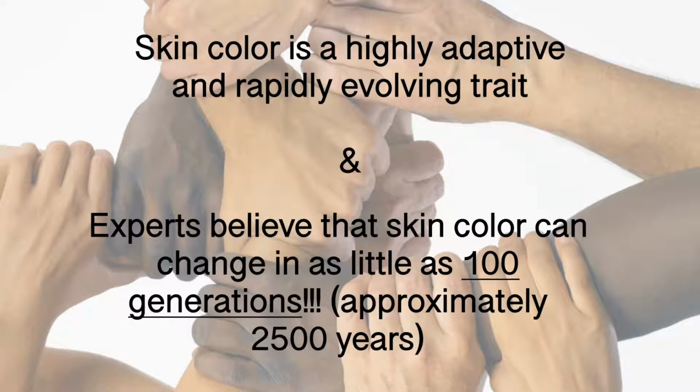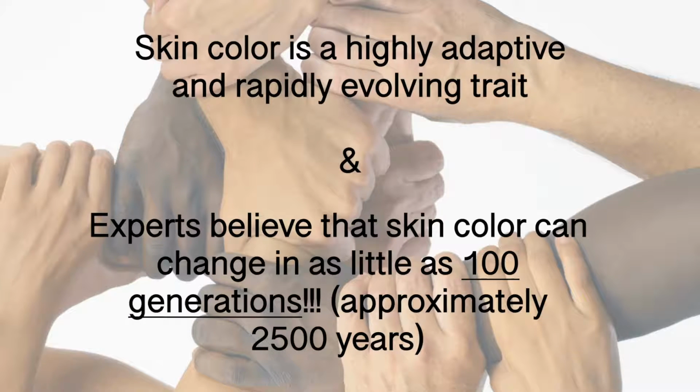And the reason for this is that skin color is actually a highly adaptive and rapidly evolving trait. And now remember, when I say rapidly, I mean rapidly on an evolutionary timescale. So experts believe that skin color can change in as little as 100 generations. Now, 100 generations might sound like a long time, but from an evolutionary perspective, it's the blink of an eye.